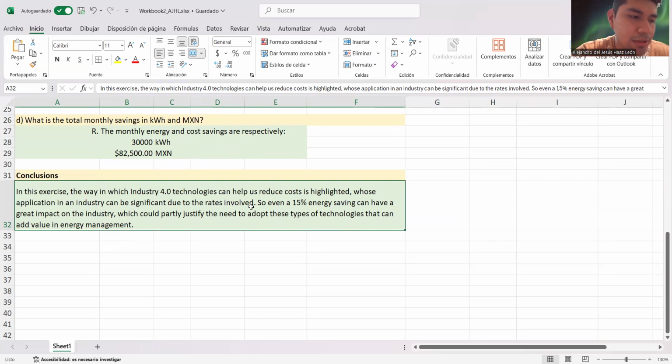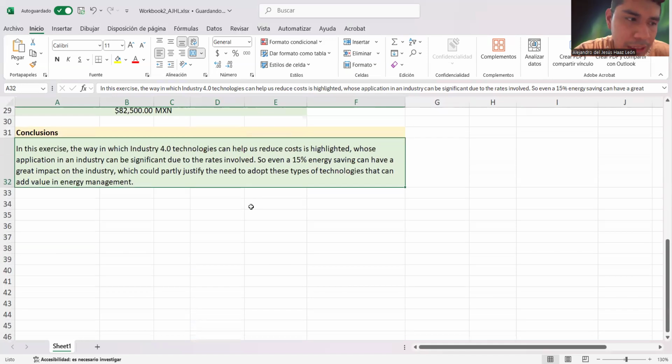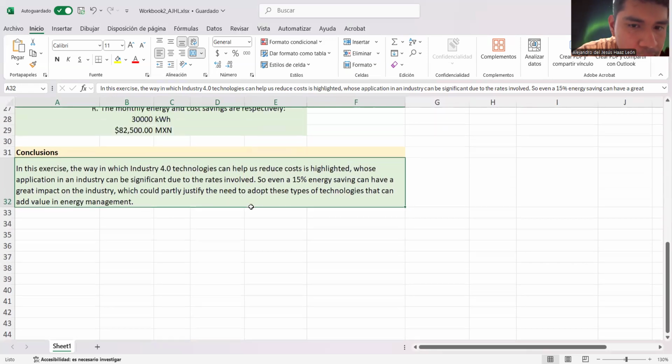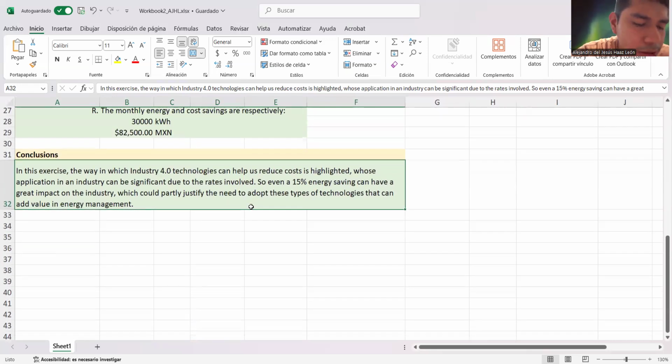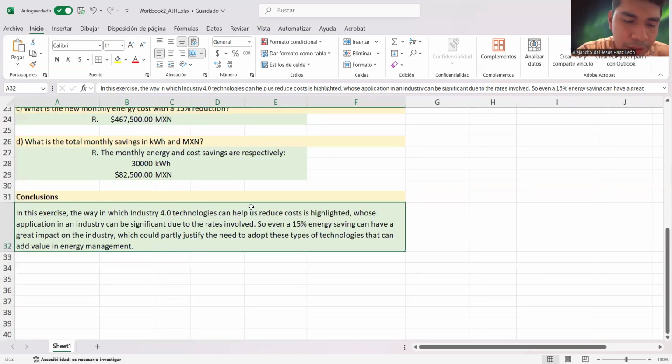We can reduce the waste energy that we don't use and that kind of things. So well, this is important for industry because of the cost reductions.